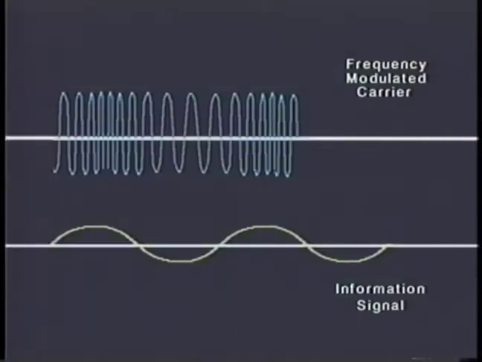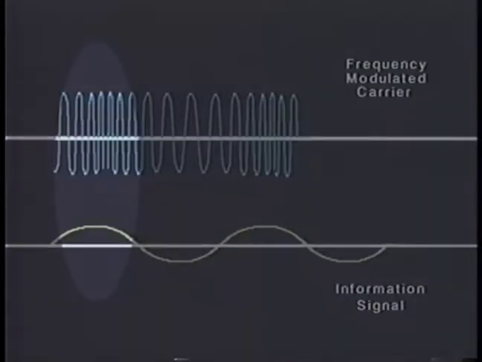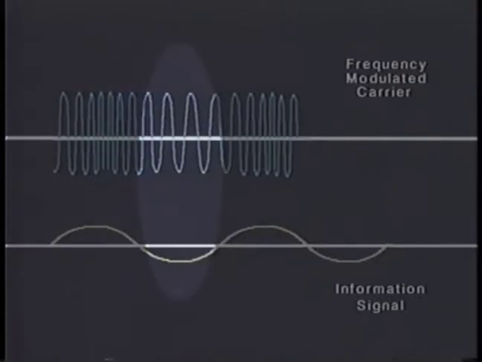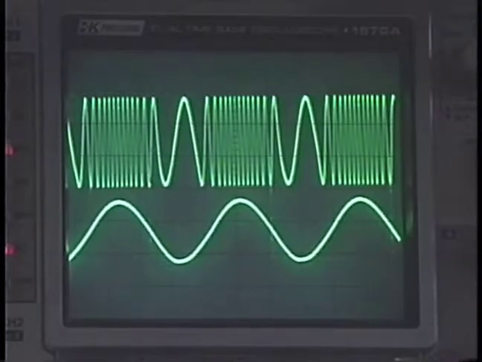As amplitude of the information signal increases, the frequency of the carrier increases. And as the amplitude of the information signal decreases, the frequency of the carrier signal also decreases. Frequency modulation is better able to capture the information signal than amplitude modulation. Frequency modulation is also less susceptible to noise and interference than amplitude modulation.